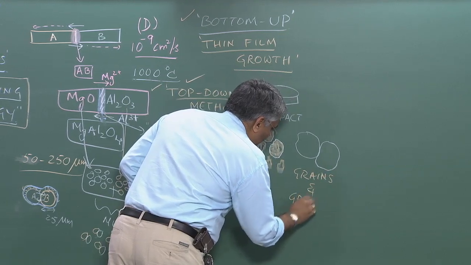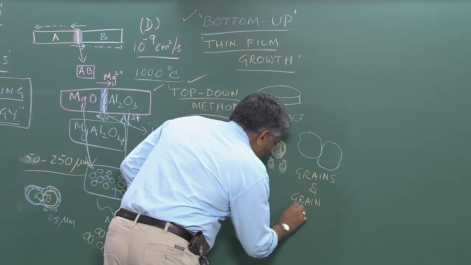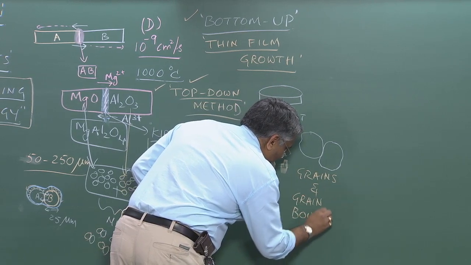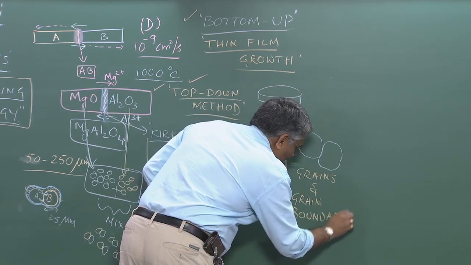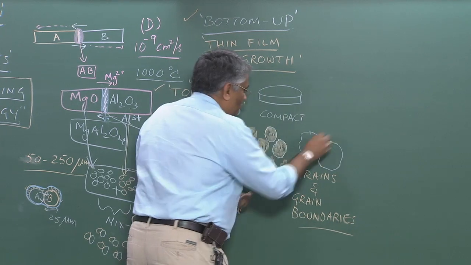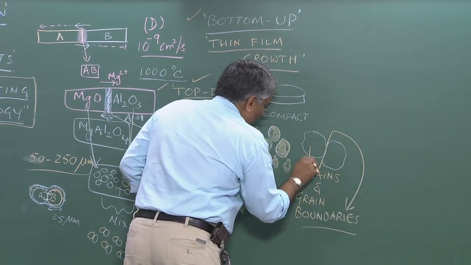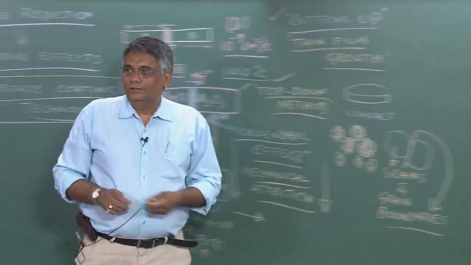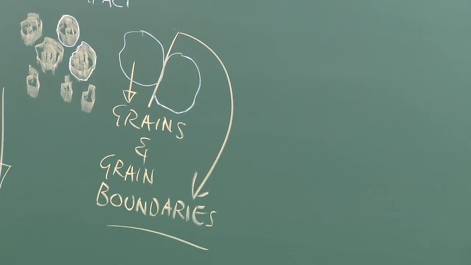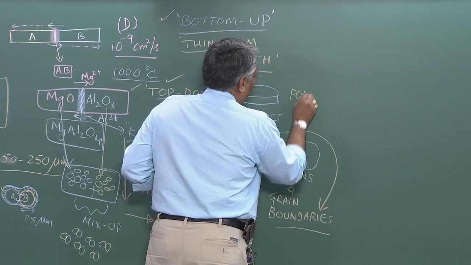and grain boundary. So this is a grain boundary, and this is a grain. That's why we call these bulk materials polycrystalline.